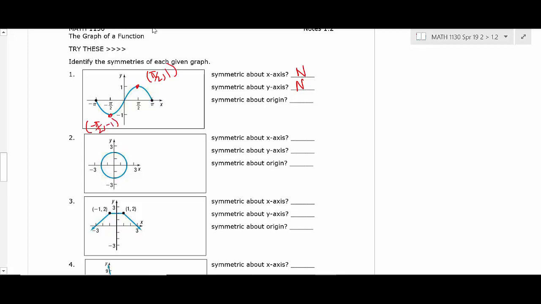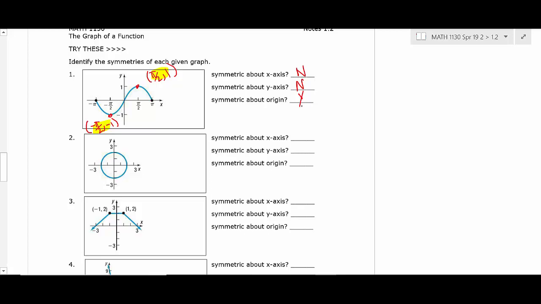On origin symmetry, it just means opposite x, opposite y on every single point on the graph. Otherwise just think, if I fold over y, then fold over x, they would come together. You understand that? So that would be a yes on that.